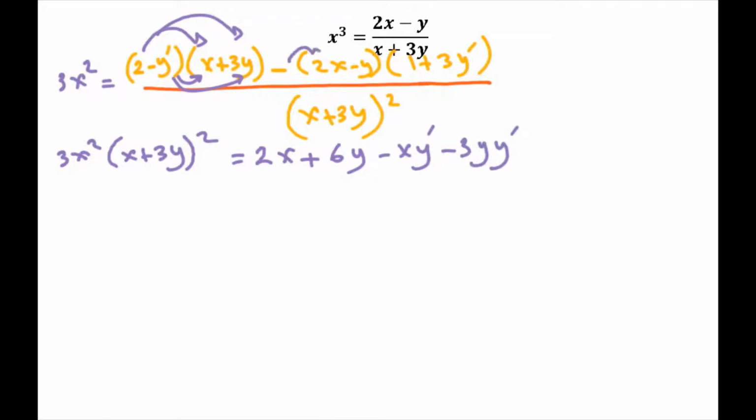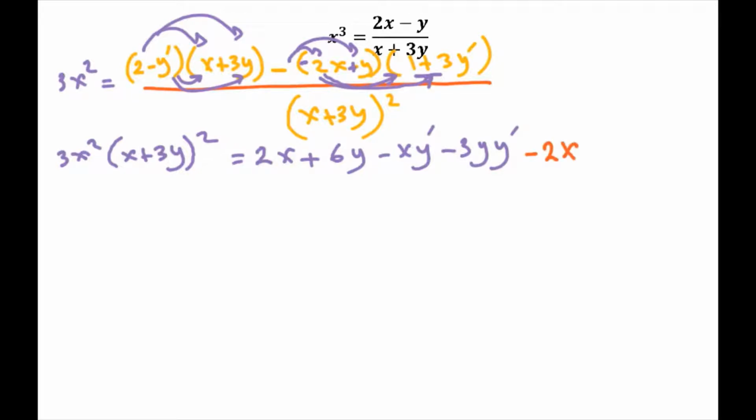Now if you put the negative inside, that will be negative 2x plus y, so negative 2x plus y, and then you multiply this by the other parentheses. So it's going to be negative 2x times 1 is negative 2x.